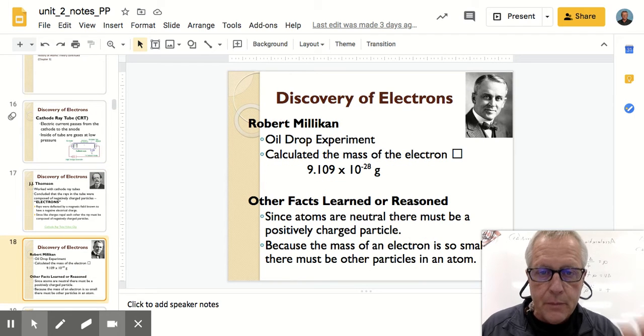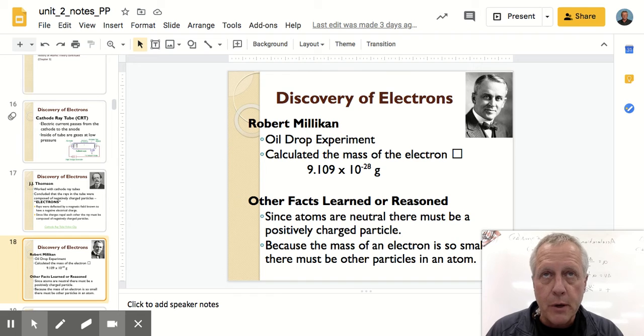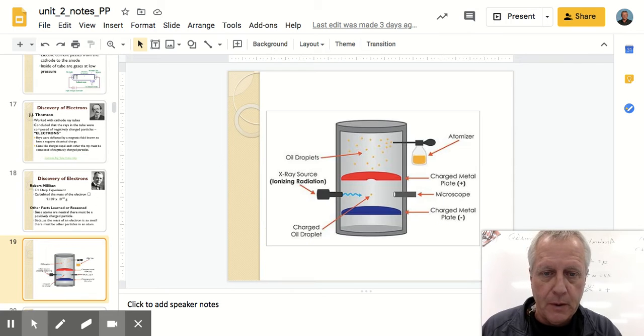Another interesting experiment Robert Millikan conducted was called the Millikan oil drop experiment. If you look at how that happened, that was an extremely interesting phenomenon. He was able to establish the mass of an electron by looking at charged oil droplets that fell down through a tube.